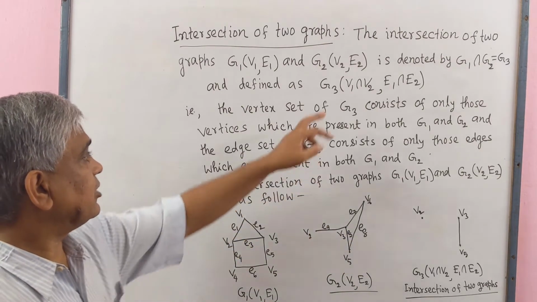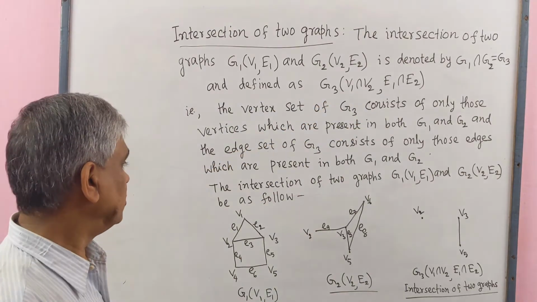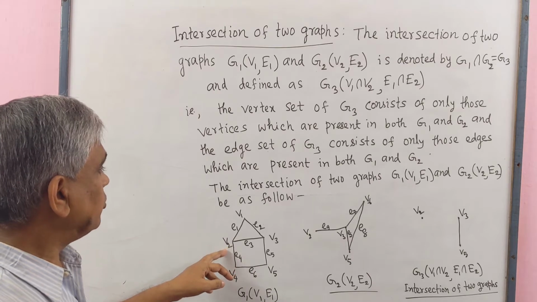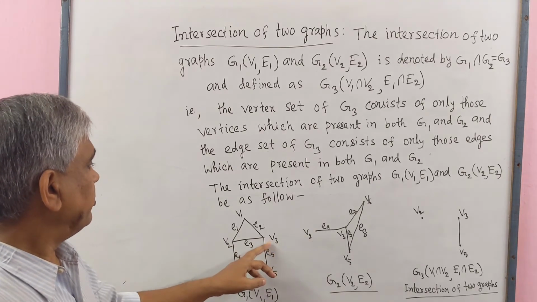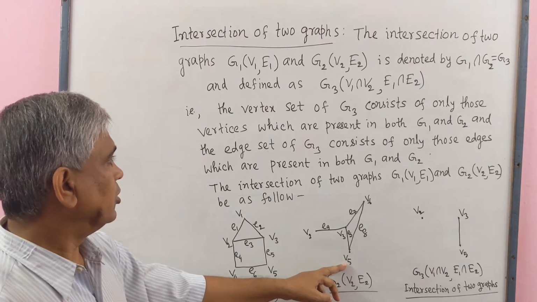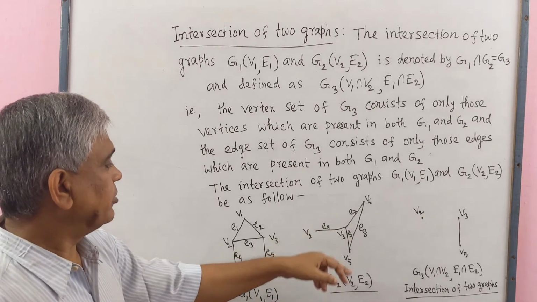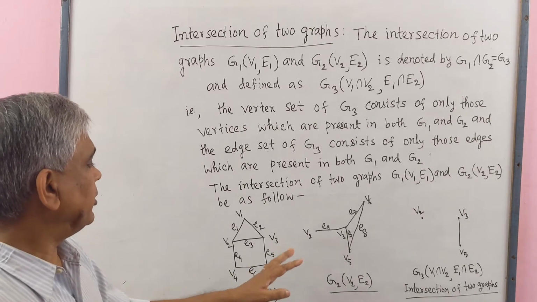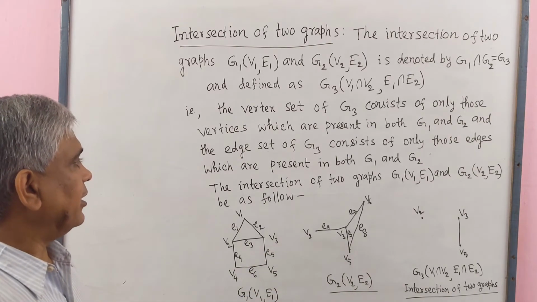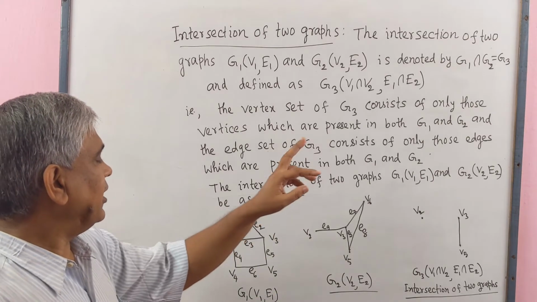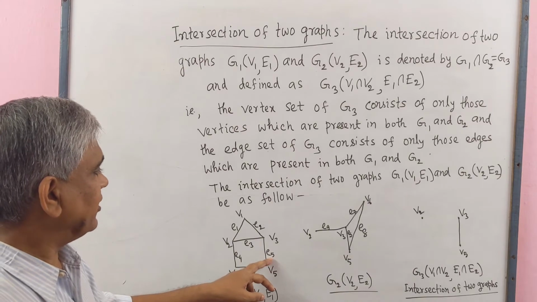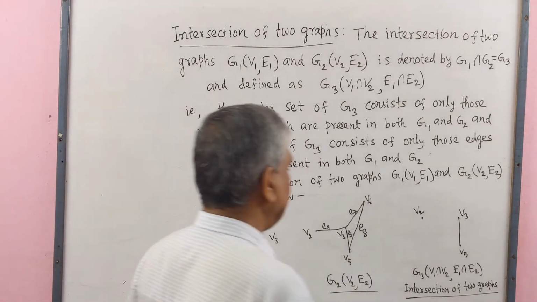Here intersection of V1 and V2: the common vertices are V2, V3, V5. And the common edge in both is only E5.